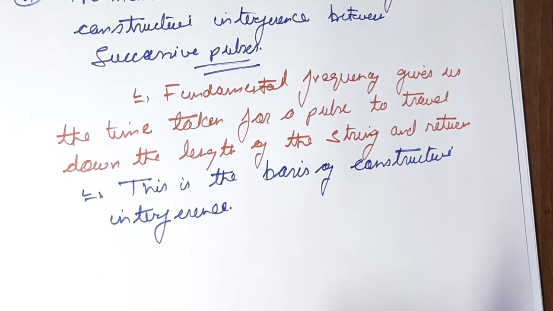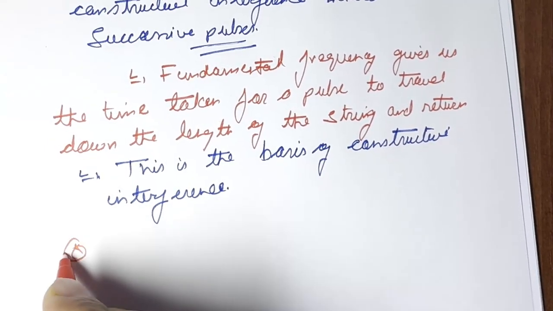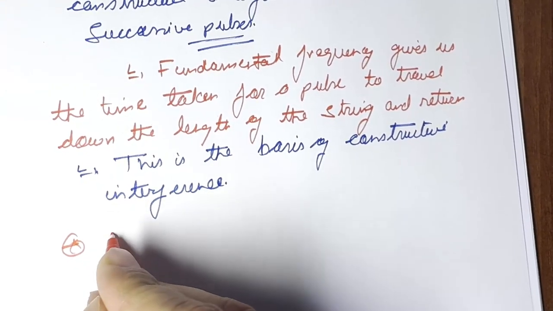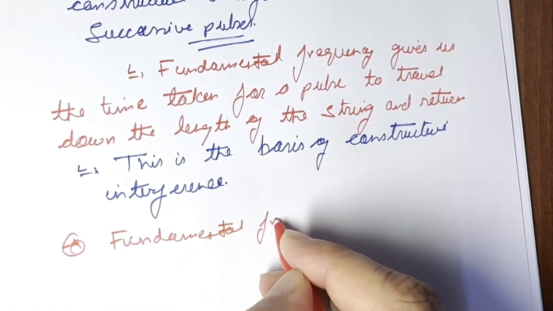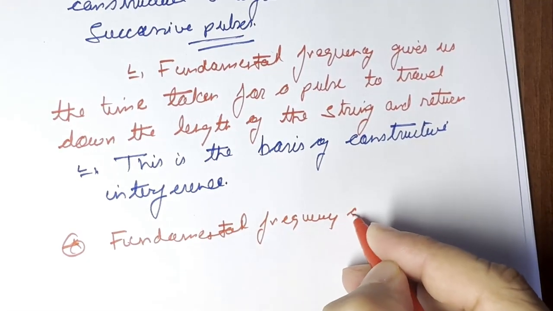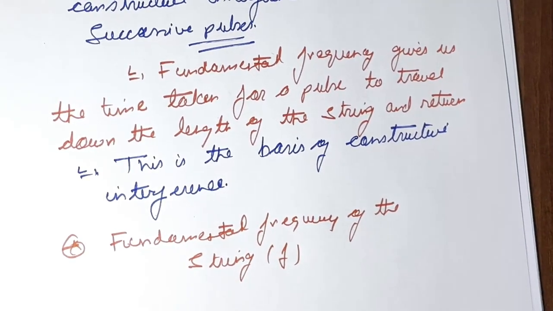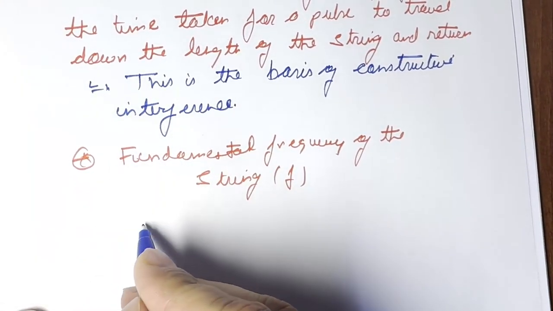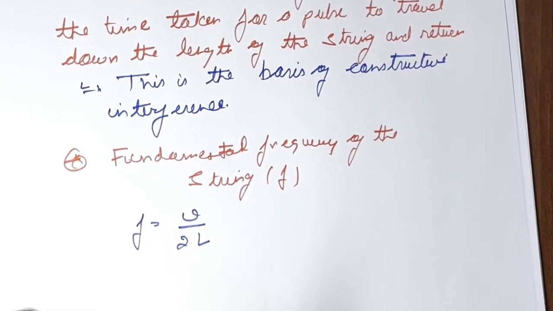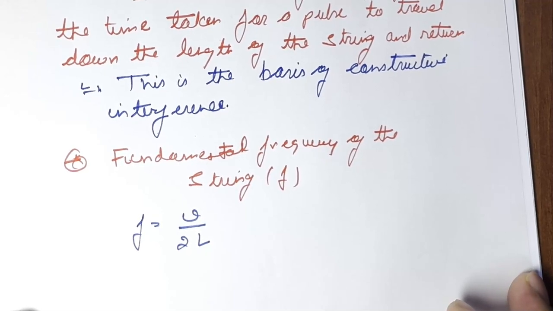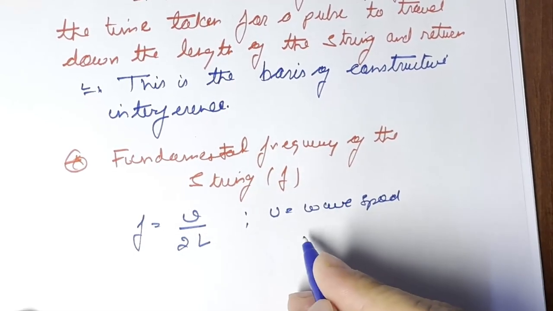So we are interested in finding the fundamental frequency, and the fundamental frequency of the string, let us denote it as f, is given as v upon 2L. So f is equal to v upon 2L, and v is nothing but the wave speed on the string.